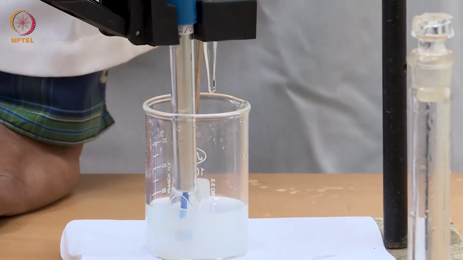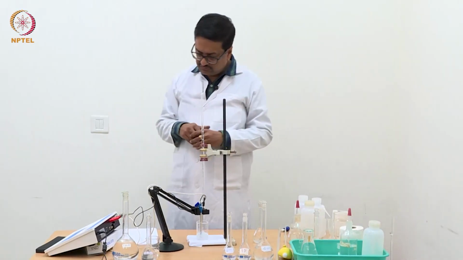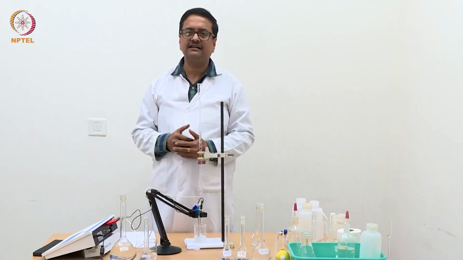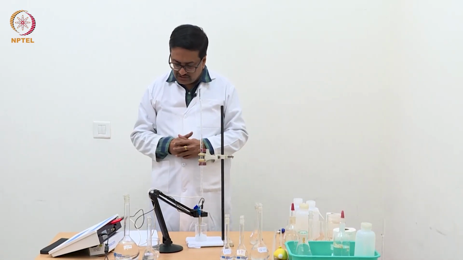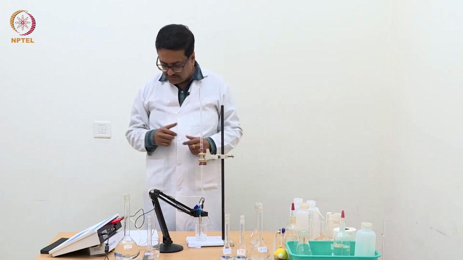And we see that this is coming out to be 1155 microsiemens. So now if you see beyond about 1 ml, which is just after the equivalence point, the conductance was increasing.